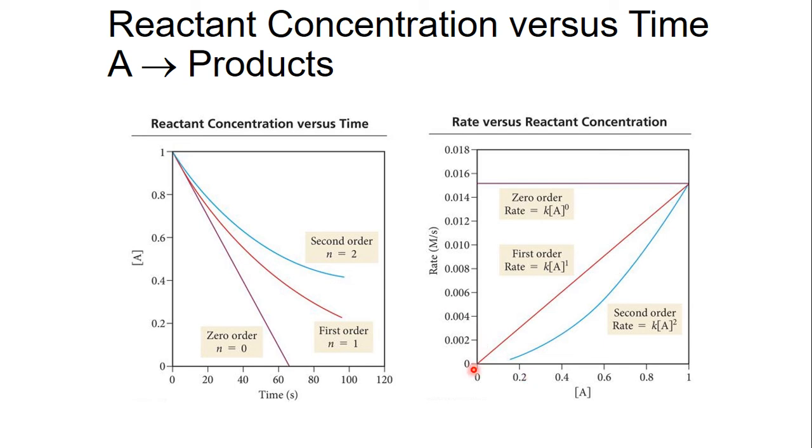For first order, they're directly proportional, so it's a diagonal line between rate and concentration. And second order is proportional to the square of the change, so you have this curved line. So if you were given this plot and any of these lines, you should be able to tell me if it's a zero order, first order, or second order reaction.